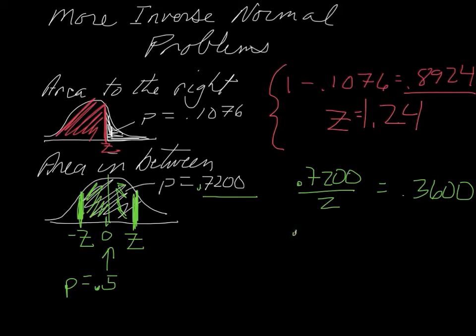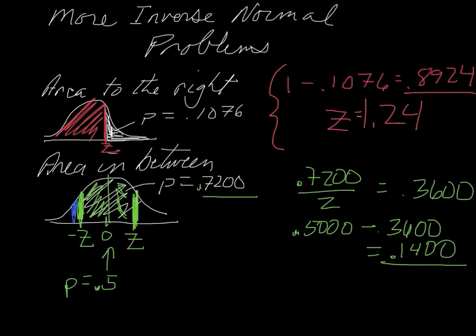So what I need to do is take 0.5000 and subtract 0.36. And that will give me 0.1400. And this is the number I need to look up in the table. What does the 0.1400 represent? Well, it represents this part of the graph. It represents the area to the left right there.